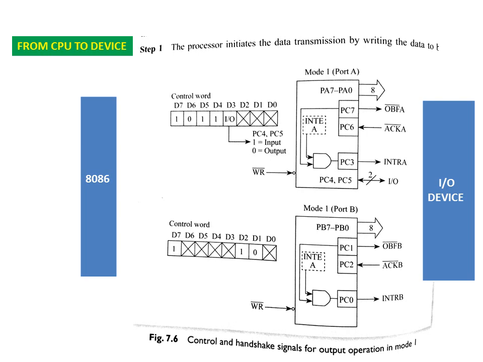And the next step, when the INTRA signal is given to the 8086 processor, now verify here. If it wants to give an interrupt acknowledgement, first INTE, nothing but interrupt enable, is enabled, and PC6, nothing but the acknowledgement signal, is enabled.